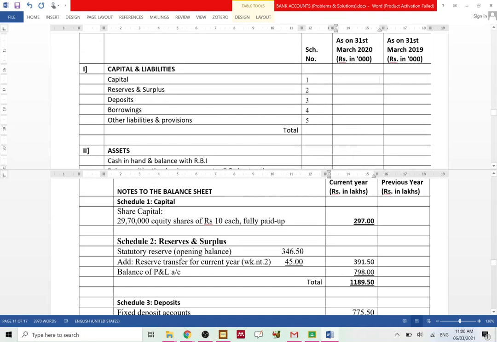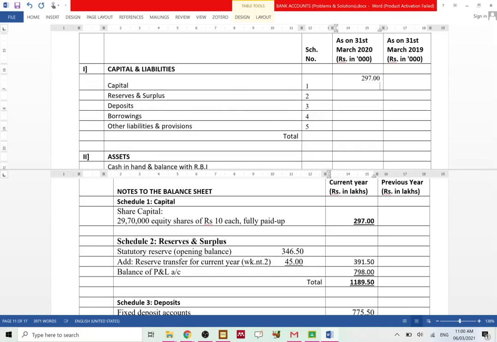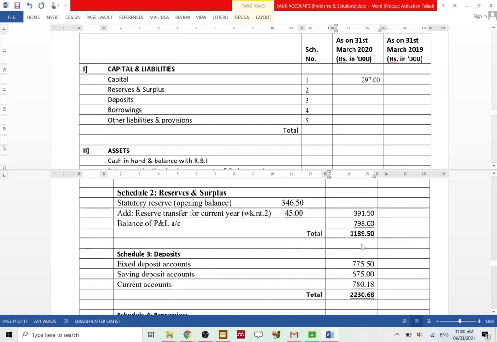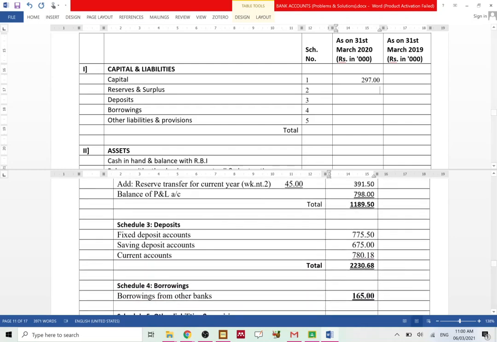Okay, so capital, we look here and we transfer here. 297.00, I'll maintain the decimals throughout. 297.00. Then reserves and surplus total 1189.50. That to be underlined.